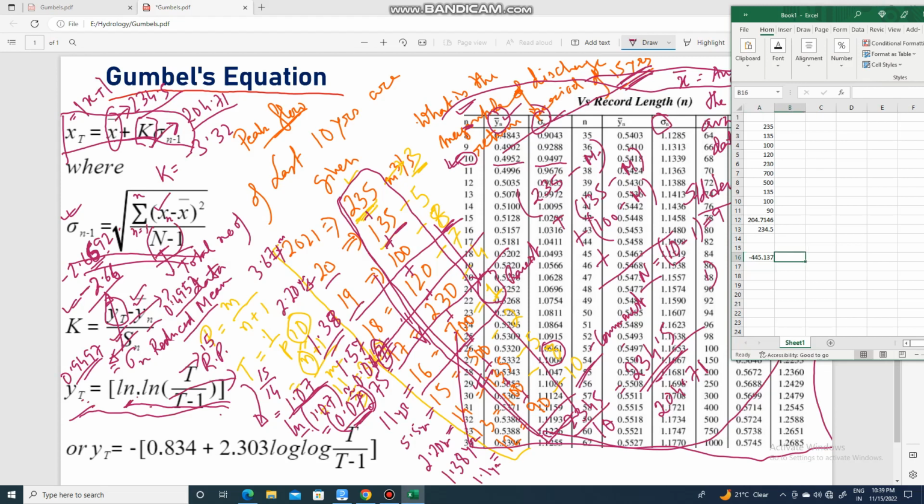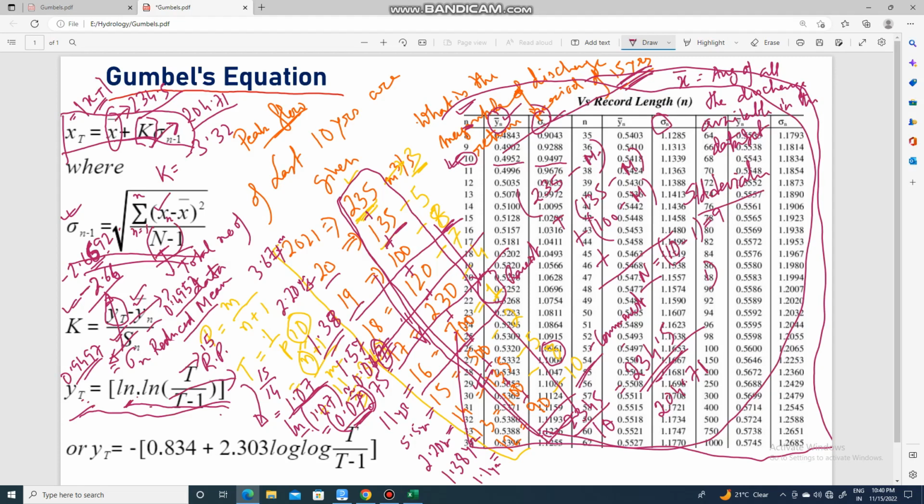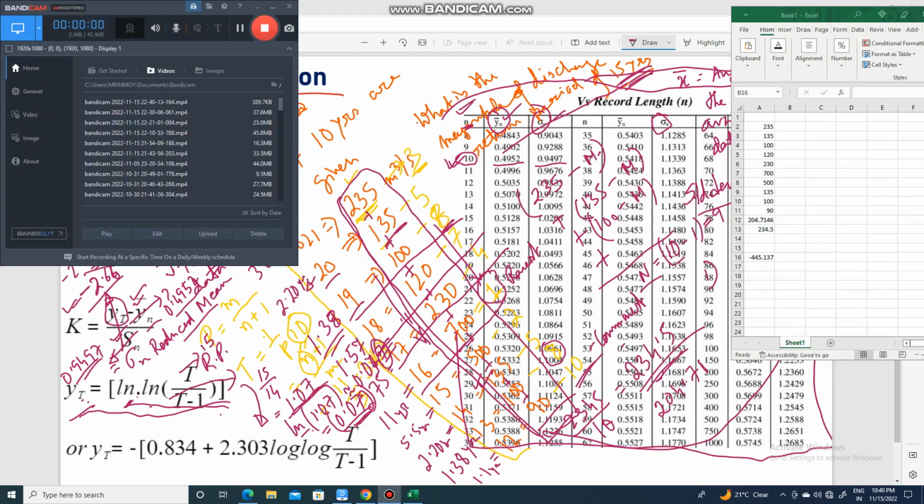You will take this as only 445.137, as this xt is actually the absolute value of xt. So here your xt is coming as minus 445.137.